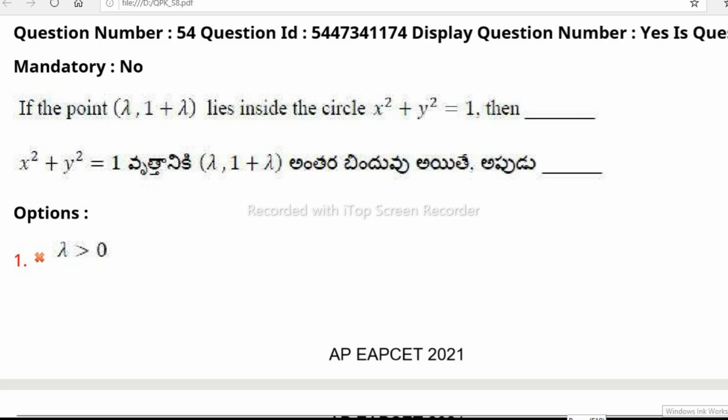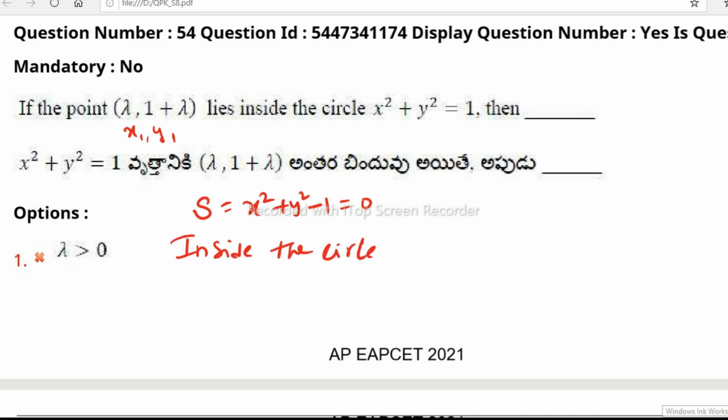For this one, first take the given point as (x1, y1), and the circle we can take as S: x square plus y square minus 1 is equal to 0. The point is inside the circle means the condition is S11 is less than 0.